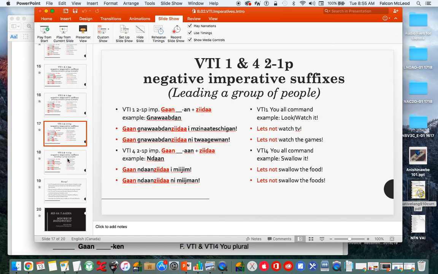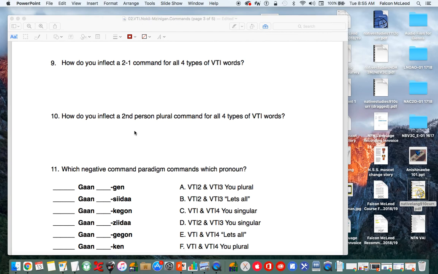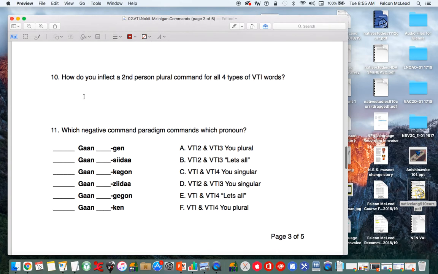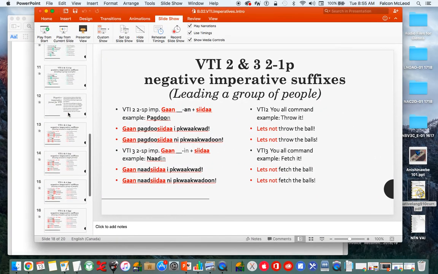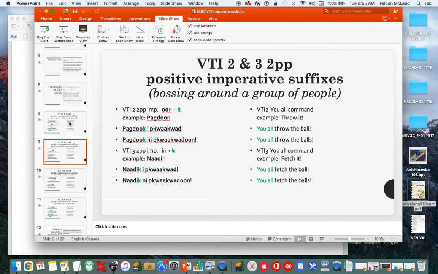So you can write the formulas for that one. How do you inflect second person plural commands for all types of VTI words? So that's the first ones we went over. So these ones here, and these ones here. So what did we do?